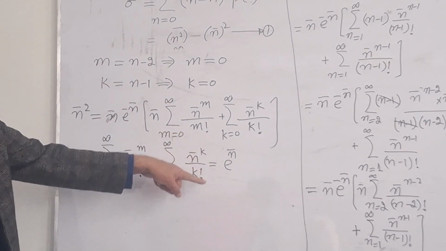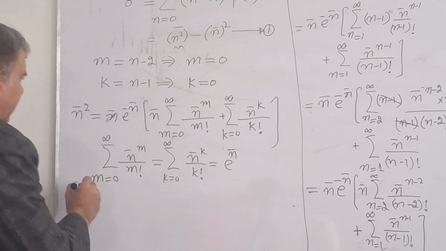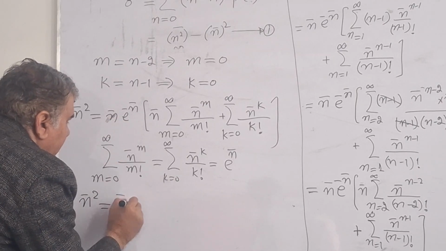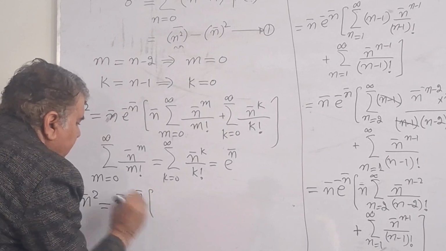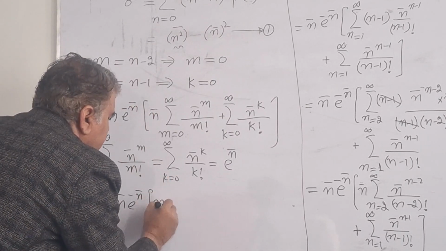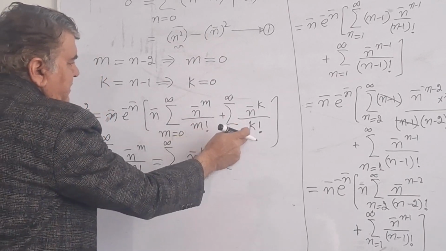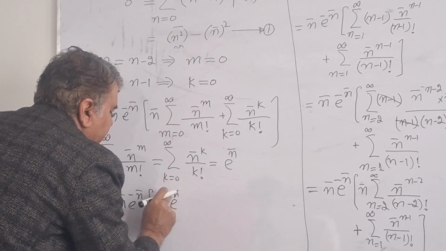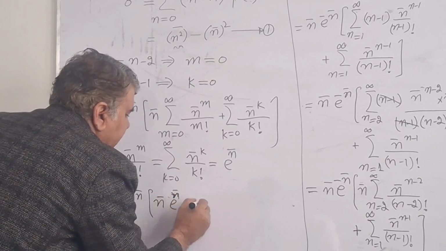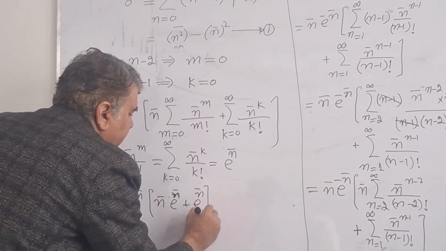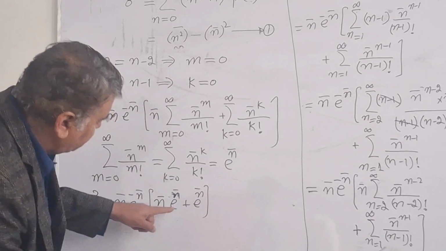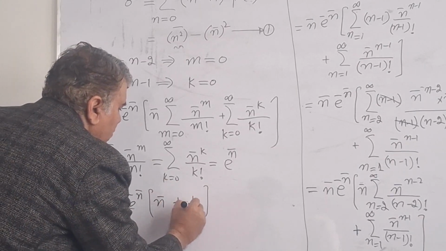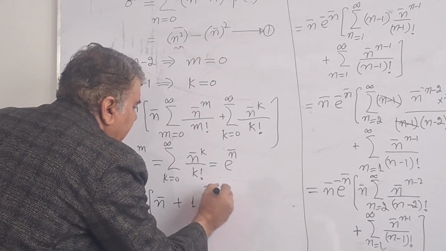So if I replace this value at these two positions, then I write n bar squared equals this thing, n bar exponent minus n bar, inside the bracket this n bar, then this is exponent, this is exponent, so I write exponent n bar plus exponent n bar. Or from these two terms, I take the n bar common to write it n bar plus 1 times exponent n bar.